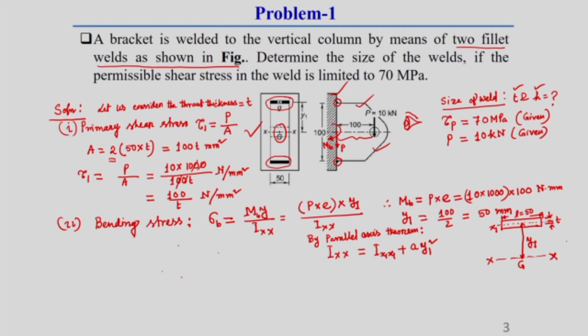So, about its own axis, Ix1 will be equal to L T cube divided by 12 plus the area of this weld, which is T into L, and y1 is given as 100 by 2 whole square.